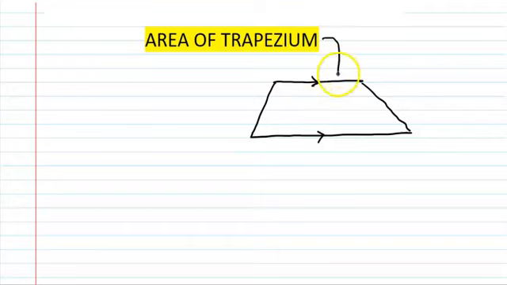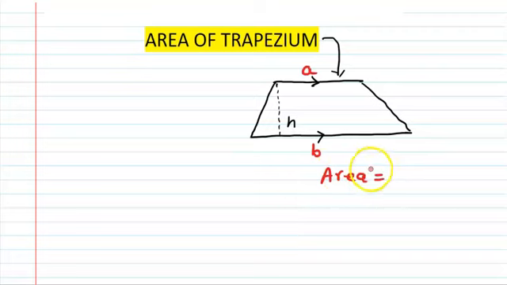Okay, this is a trapezium. And this is the height. Can you see? This is the height. If the length of this top side is A, and the length of the bottom side is B, and this is the height, so the area of a trapezium is given by, anybody?